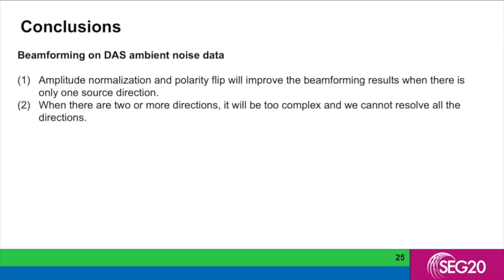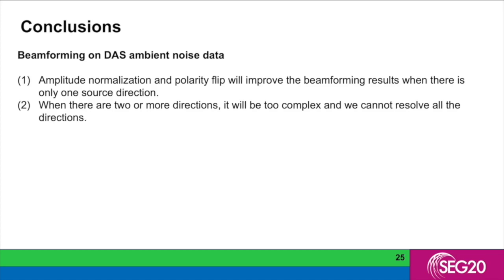So there are two parts in my presentation. The first part is beamforming on dust ambient noise data. Different from the vertical component of geophone data, dust data has its own complexity, such as amplitude projection and polarity reversal, and this complexity may cause the unreliability of the beamforming results, and these are proved by our synthetic data examples.